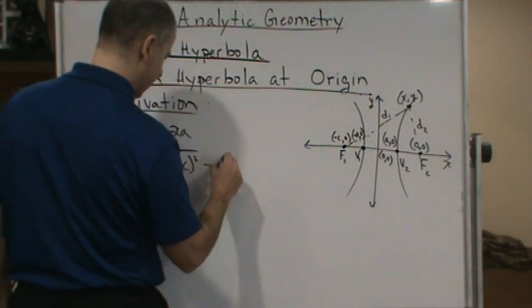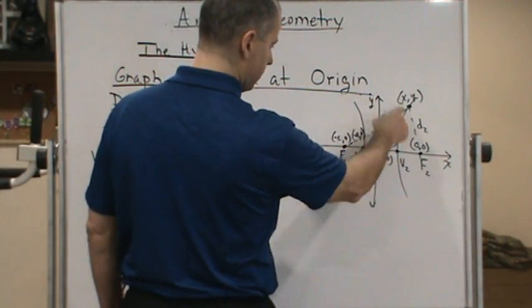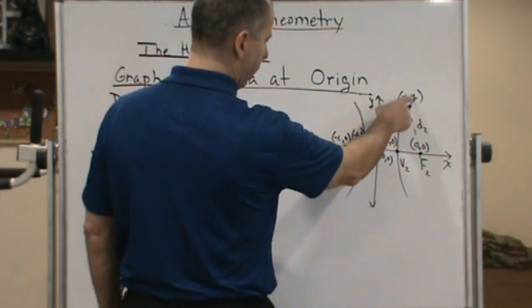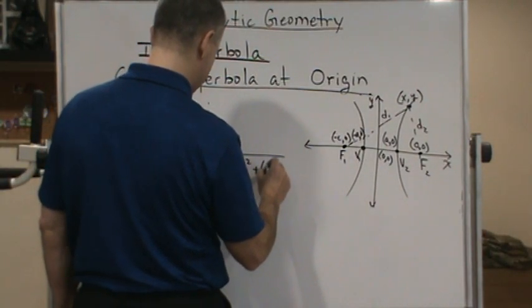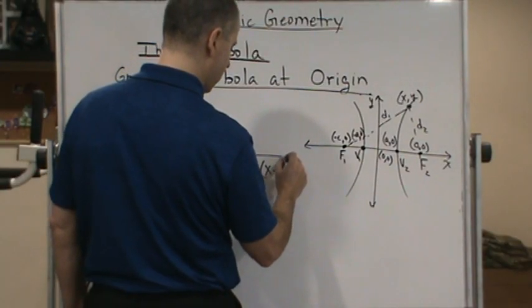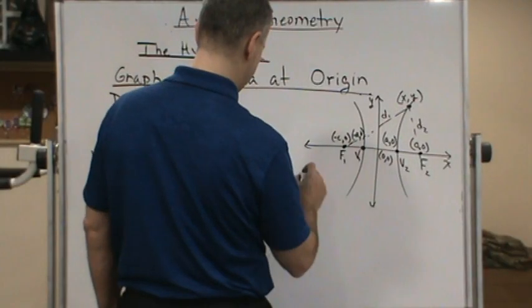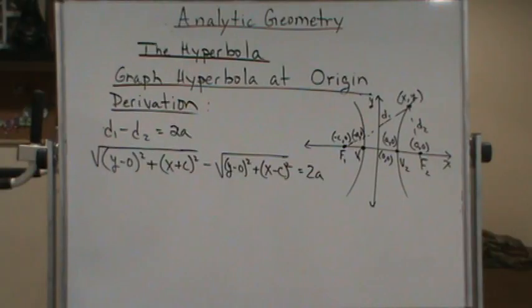Then we're going to subtract D2, which is similarly done: the square root of y squared minus 0 squared plus the quantity x minus c squared, equals 2A. Okay, so now all we're going to do is use algebra to simplify this and use the properties of roots. We're going to use what we've learned to solve equations with roots in them.